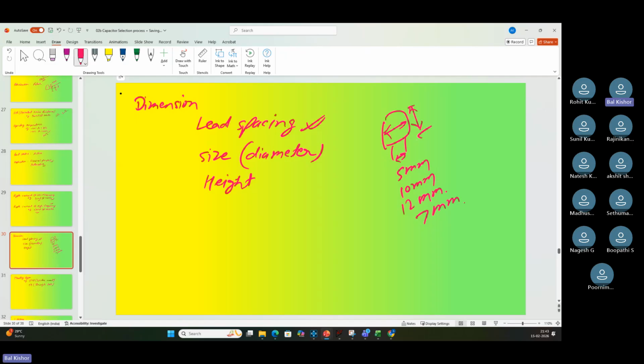So based on the height and diameter and the lead spacing, you can choose the dimension of the capacitors. You will see for a bigger size for the same value of capacitor, the cost will be lower. And if you want a smaller size of the capacitor, your price will increase.